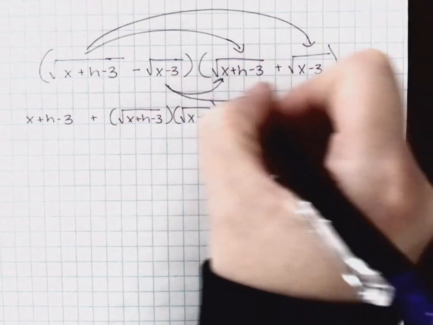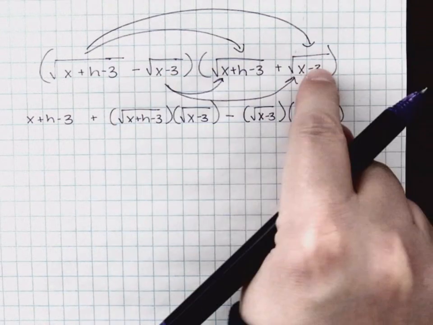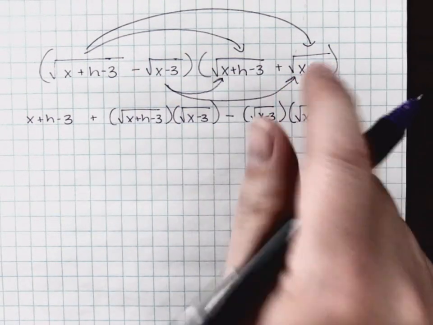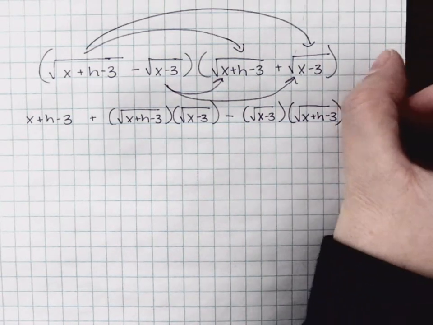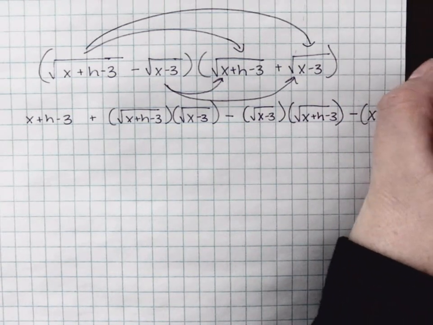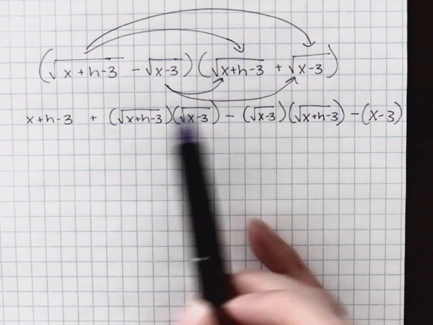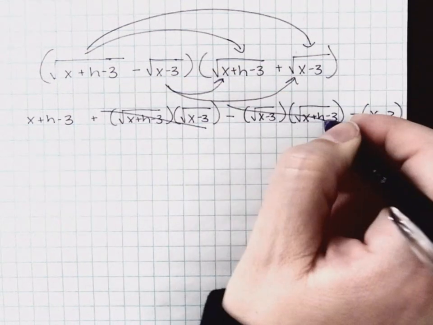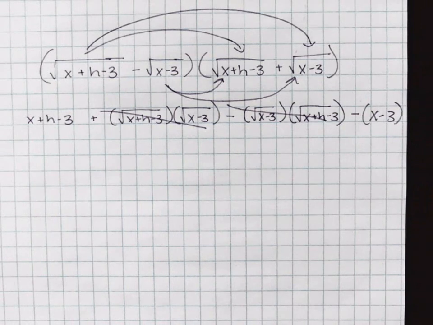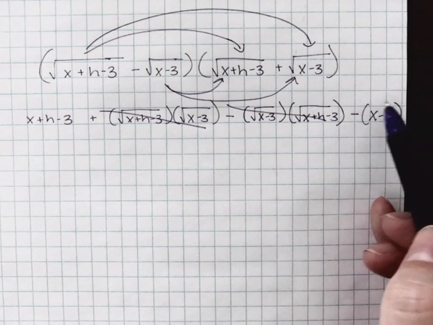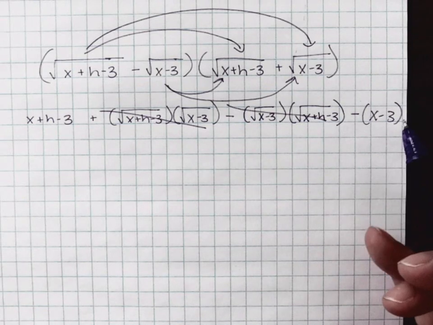No problem. So those two, again, you're multiplying it by yourself, but this time one's positive, one's negative. You're squaring it, but it's going to be minus x minus 3. So what we notice is that these two are a difference of squares, so those middle terms will always cancel each other out. But keep in mind that you are subtracting whatever was under that root sign, so that negative is going to end up getting distributed.